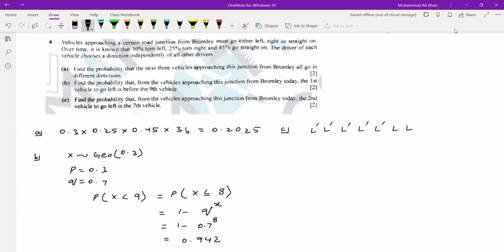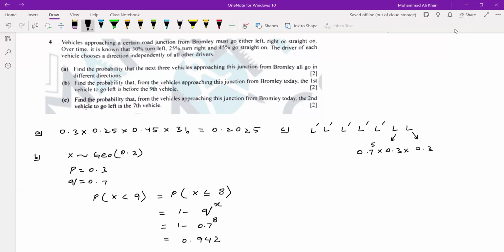This is because it is the second vehicle going left. So for this left we have 0.3, for this left we have 0.3, and for all these not left, we have 0.7 power 5.